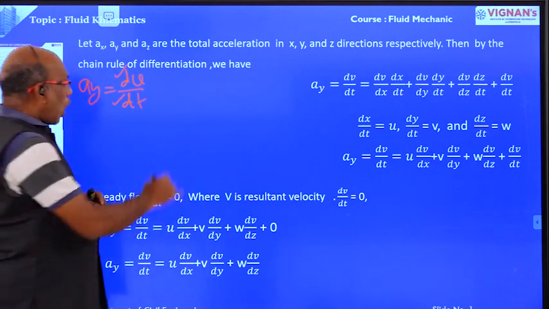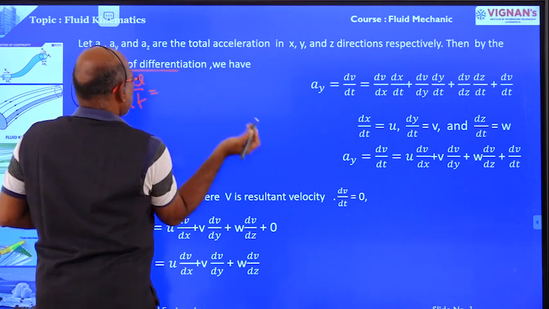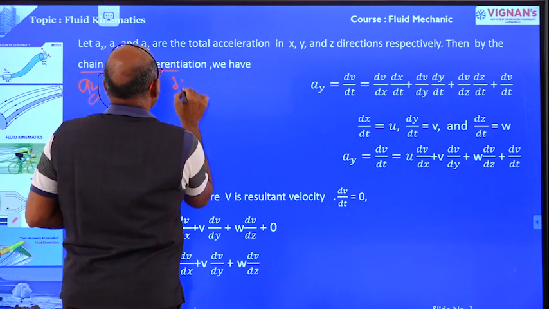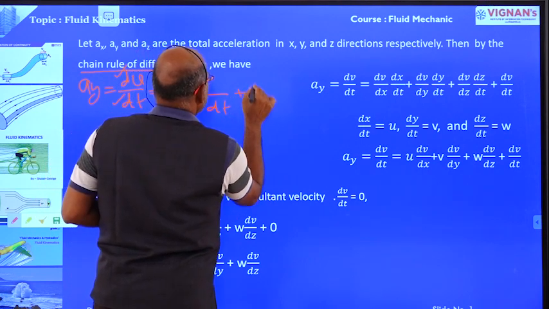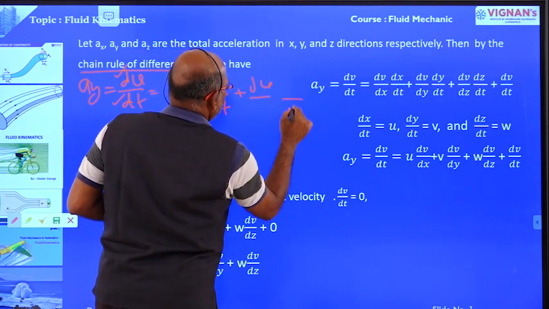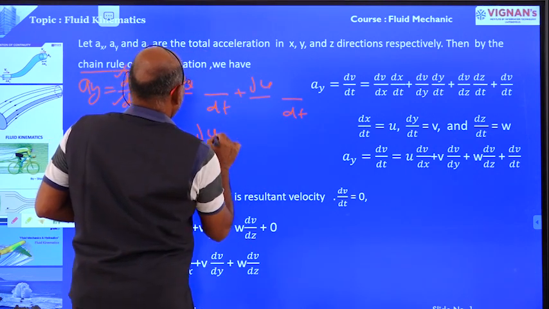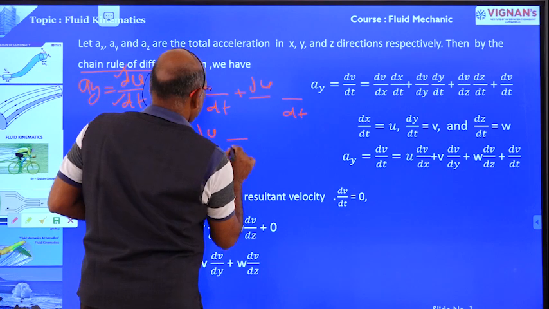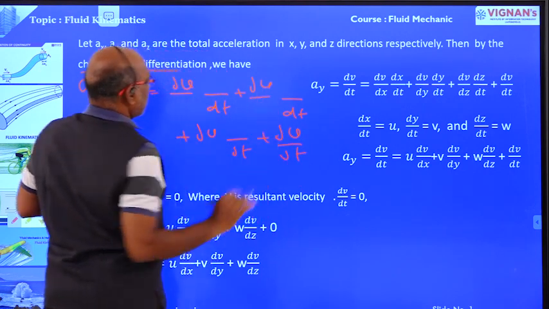Apply the chain rule of differentiation in the same way: dv by dt plus dv by dt plus dv by dt plus dv by dt. This is based on the chain rule.